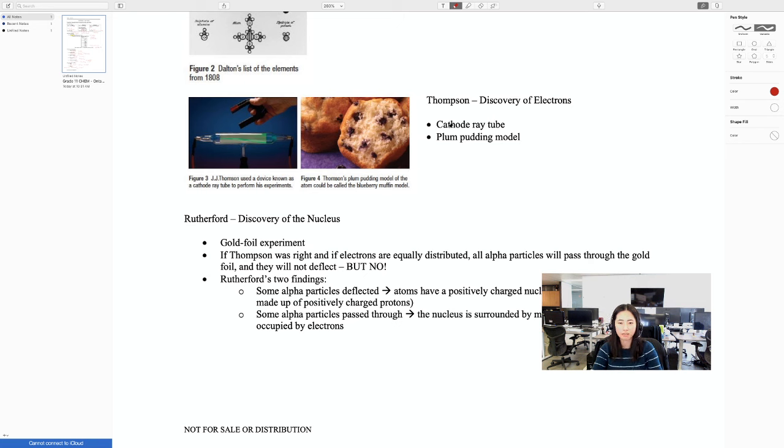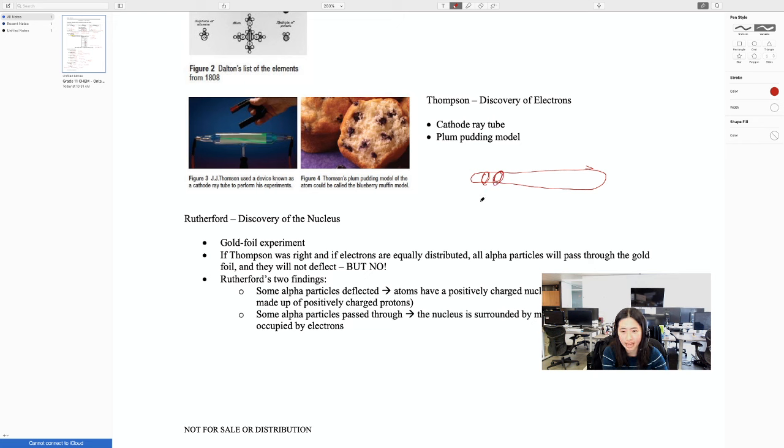So really, he started off with the cathode ray tube. Essentially, this cathode ray tube, I'll draw this out here. There are 2 metal plates right here.